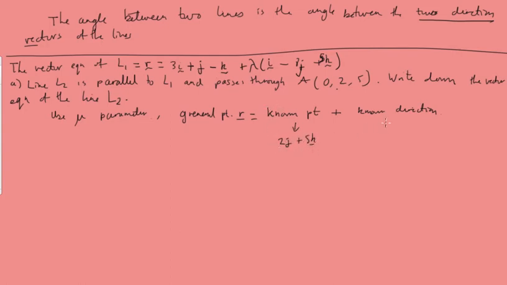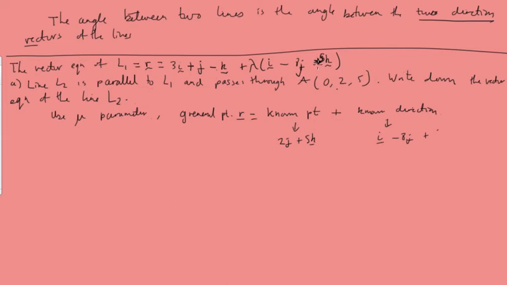Now the direction vector is going to be, because line L1 and L2 are both parallel, the direction vector that we're going to use for line 2 is the same as the one that's been used in line 1, but we'll just change the parameter. So the known direction is i minus 8j plus 5k.